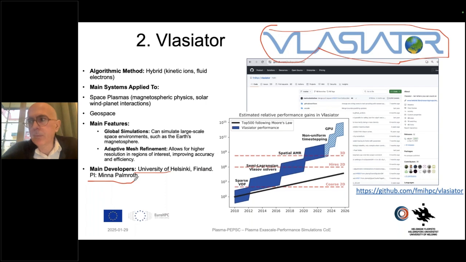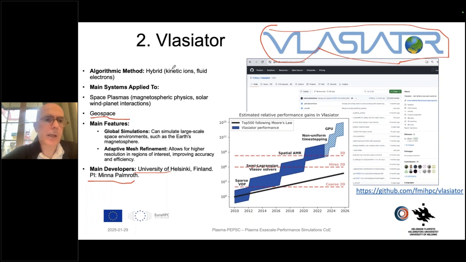That means magnetosphere, dipole interaction with winds. So it can be the Earth's magnetosphere with the solar wind. It is dedicated to studying magnetospheric physics, solar wind interaction, but in general all the geospace and environment. This can go from modeling small parts to global parts, but I would say the very strength is to model the global part.